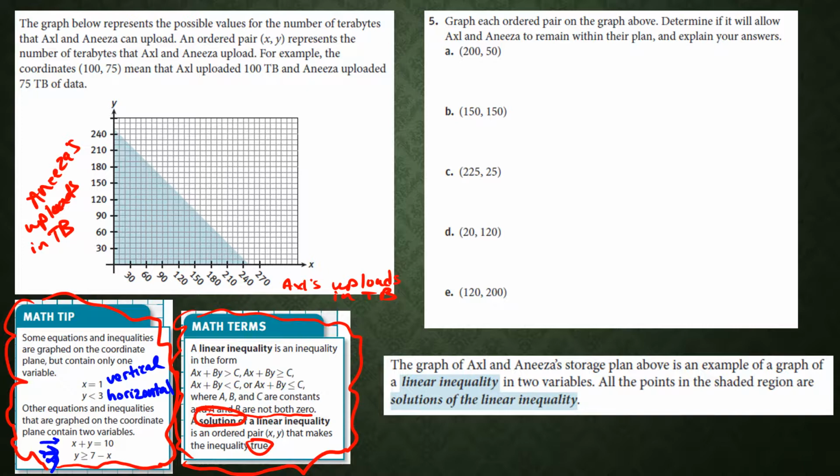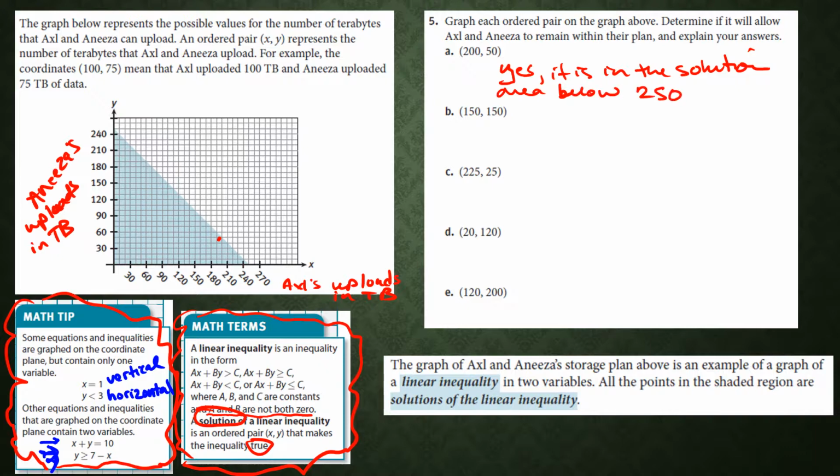So 250 would be, it's a little bit hard to tell on this teeny thing here, but roughly about here. And yes, that would work. It is in the solution area below 250.